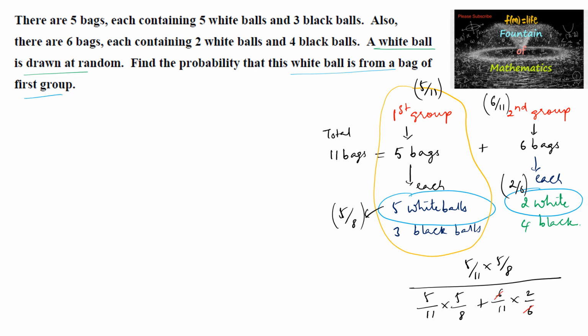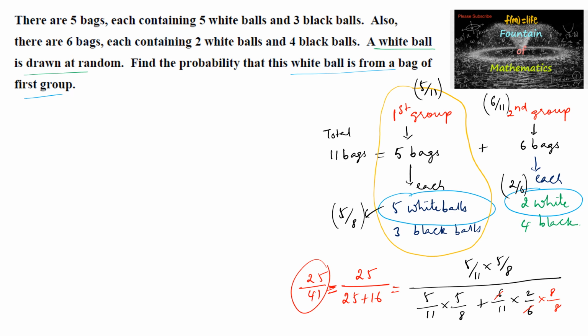So let us multiply and divide with 8 for calculation purpose. So denominator is 11 into 8. Here also denominator 11 into 8. So we can just go with it directly. So 25 in the numerator here, and here 25 plus 16. That is 25 upon 41. So probability answer is 25 upon 41.